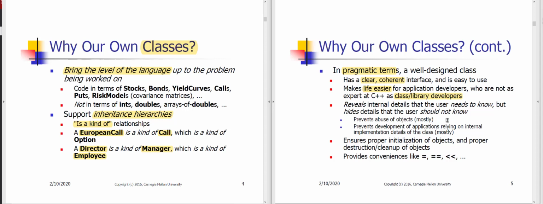Another important thing about classes is what's called information hiding. A class will reveal to its users details that the user must know, but also intentionally hides from the user things that the user should not know.